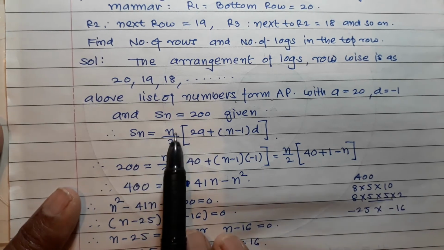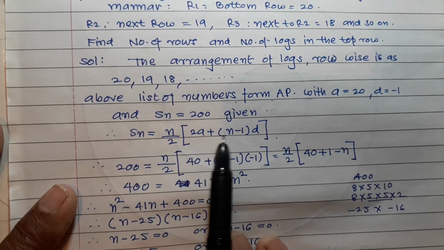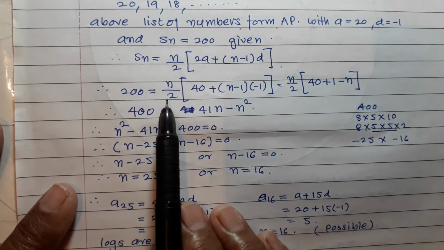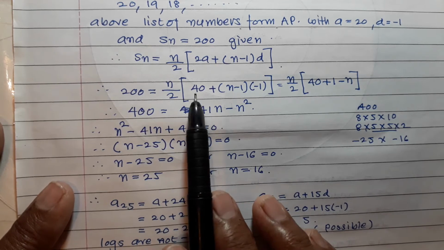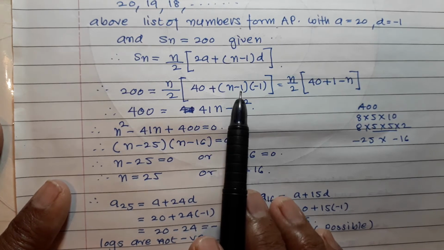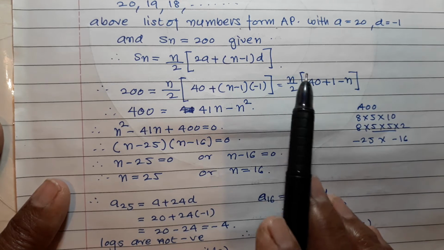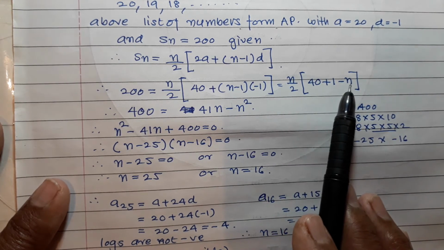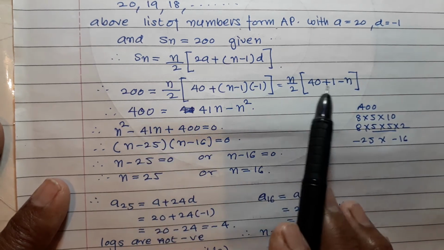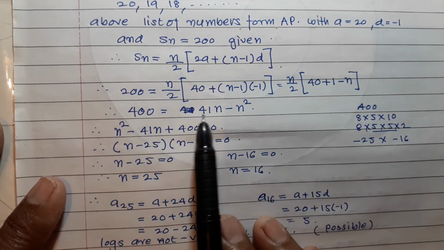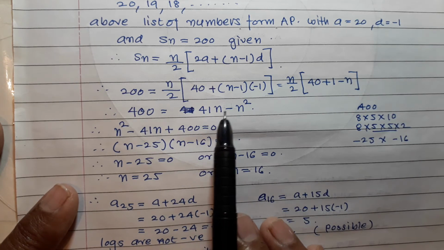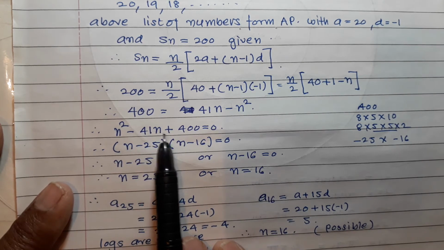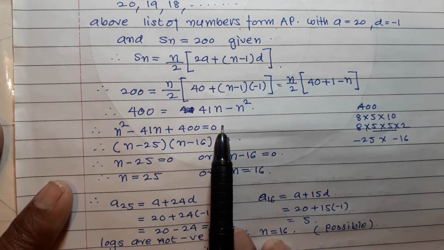So Sn is equal to n upon 2 into bracket 2a plus n minus 1 into d, and therefore 200 is equal to n upon 2 into bracket 40 plus n minus 1 into minus 1, which gives n upon 2 into bracket 41 minus n. Therefore transfer these to this side: 400 is equal to 41n minus n square, and therefore n square minus 41n plus 400 is equal to 0.